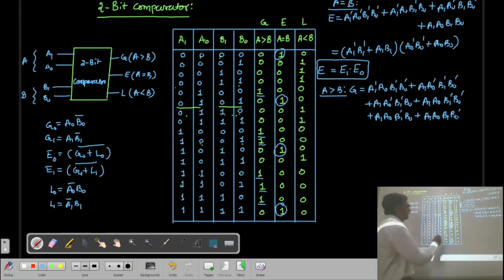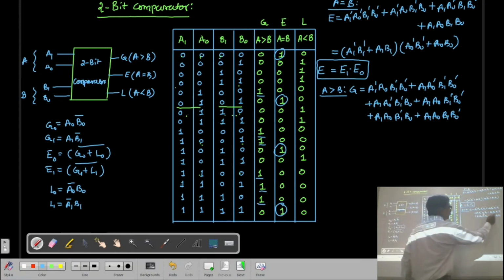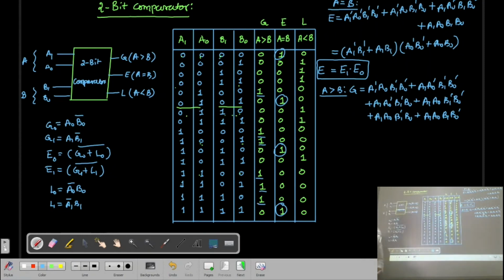Now remember, how many terms are there? 1, 2, 3, 4, 5 and 6. Here also we have 6 different terms.